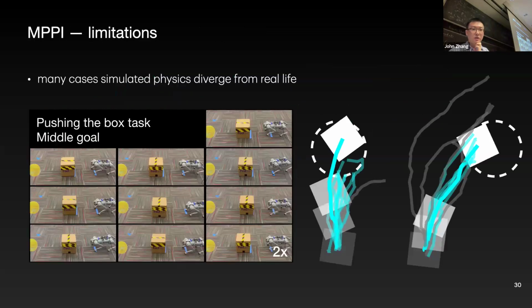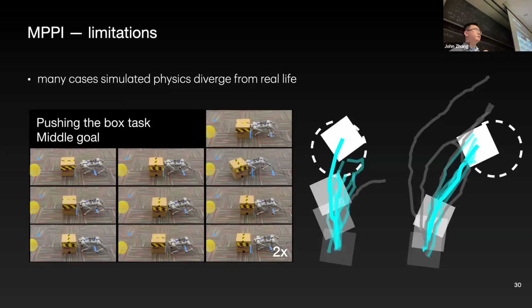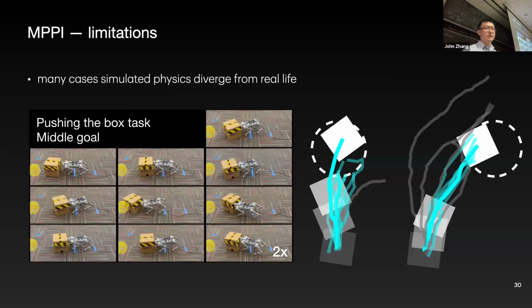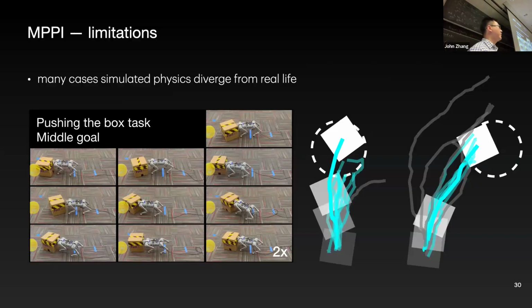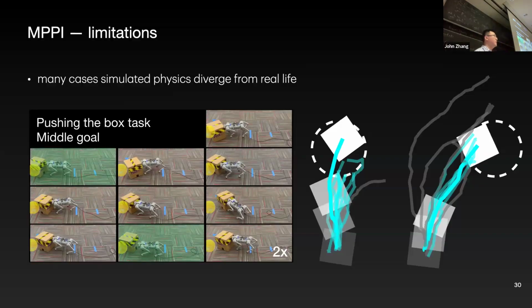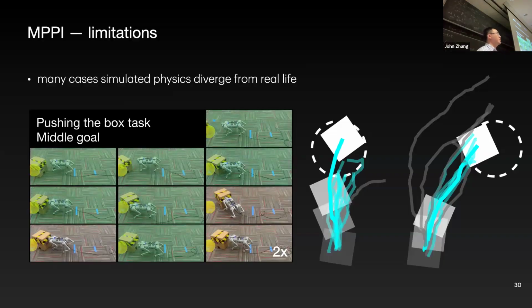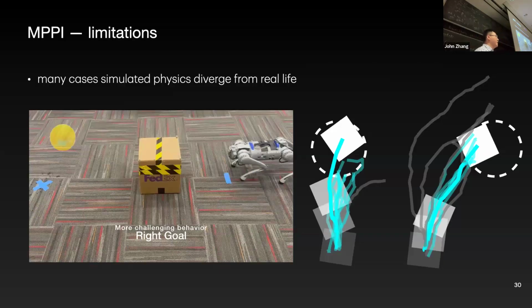So that's all cool and good. But there are many cases where the simulated physics still diverge from the actual physics in real life, especially in this push box example, where we're dealing with pretty complicated sliding friction that is potentially not modeled in the simulation.